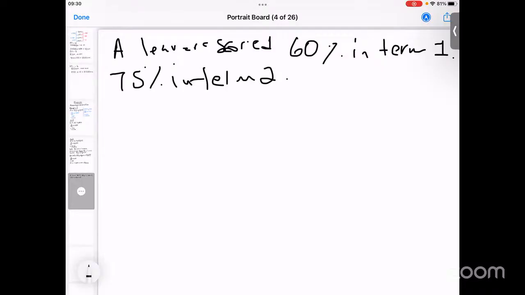Definitely this one, even though it is not related to the finance maths that we might be doing, but let's just do it anyway.